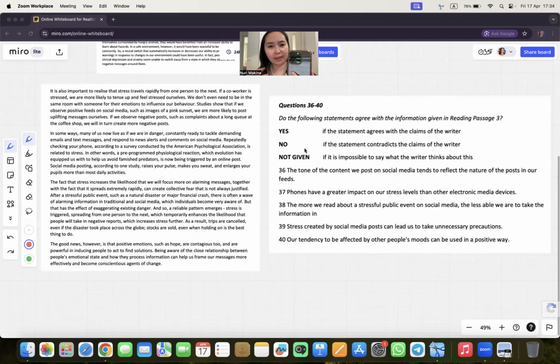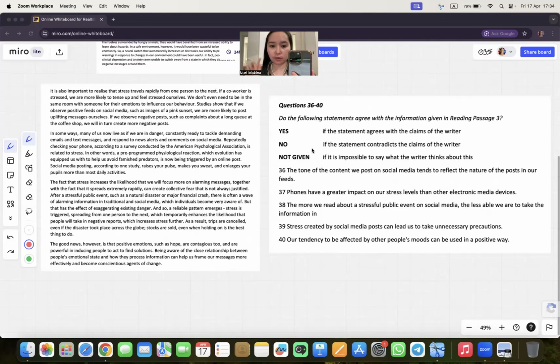Please don't leave a blank space, okay? Because IELTS is not going to take any points away for it. So maybe you will have higher chances of guessing the right option. Please try to give an answer, even if you're guessing, okay? That's the most important thing also.